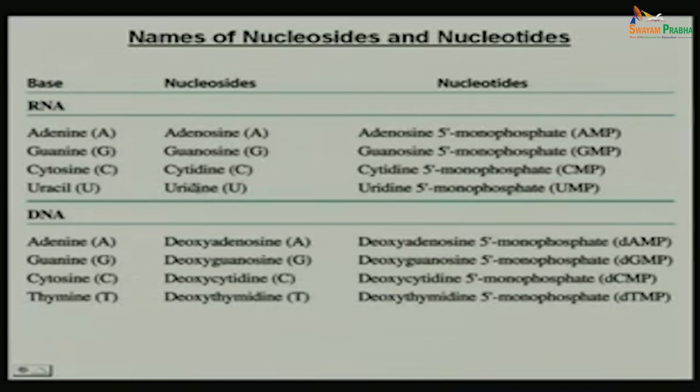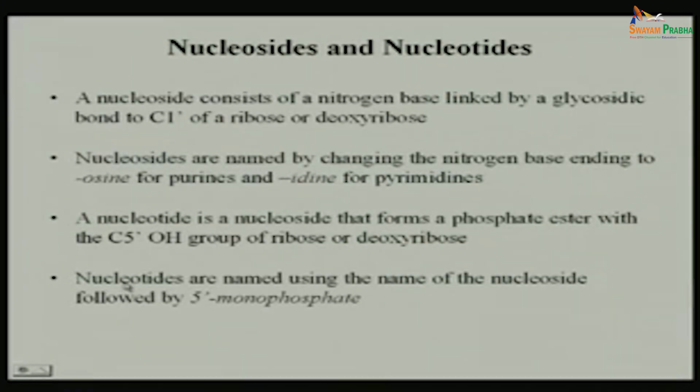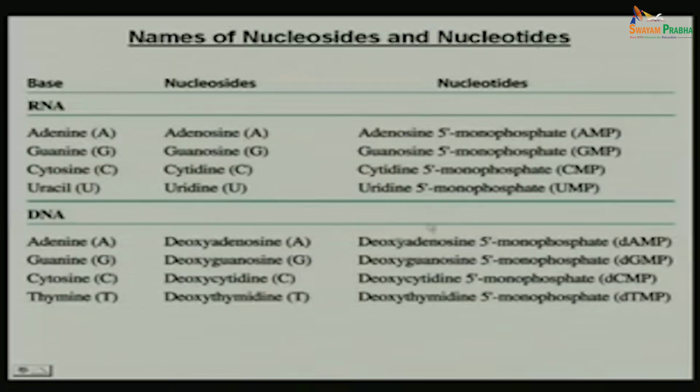So, these are the nucleoside names. When we are talking about the nucleotide, nucleotides are named using the name of the nucleoside followed by 5' monophosphate. So, similarly adenosine 5' monophosphate, guanosine 5' monophosphate, cytidine 5' monophosphate, uridine 5' monophosphate and so on.